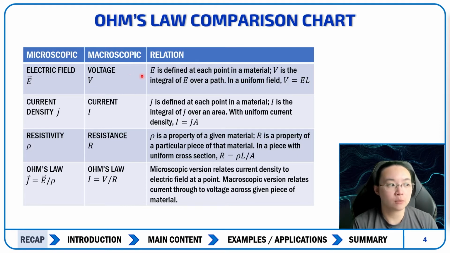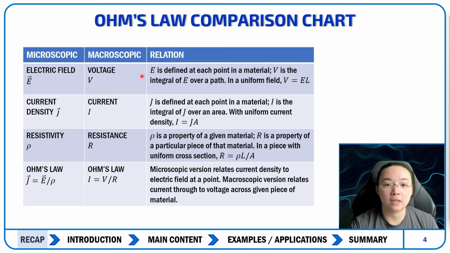And basically, when we're taking a look at the microscopic view of things, we take a look at small components within a larger piece. So for example, if you have a changing current across a conducting substance or a material, and you have to break it down into tiny little pieces, just like we did with electric fields with dE and dQ.